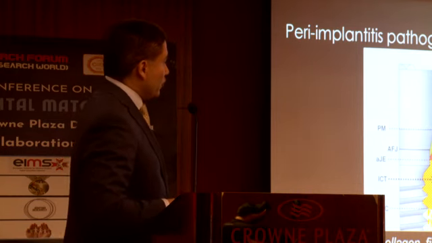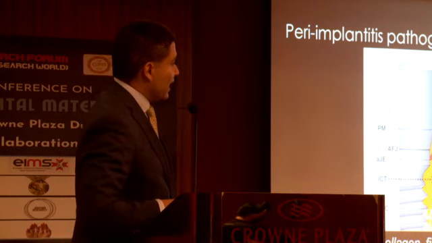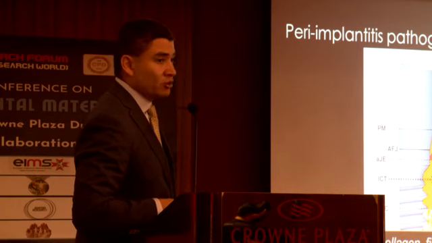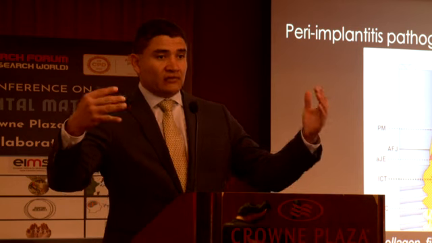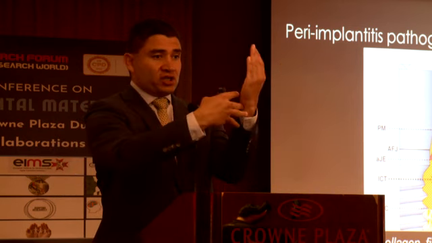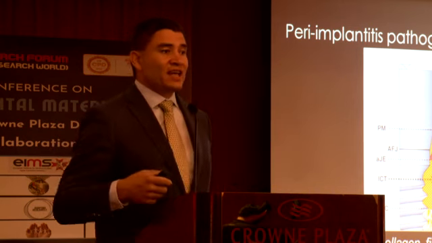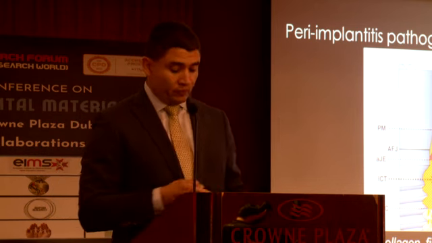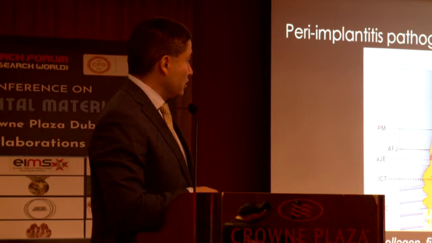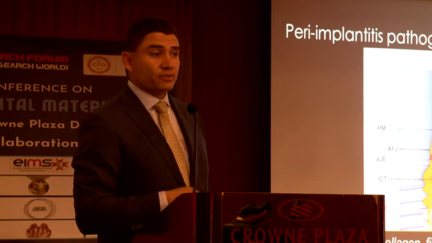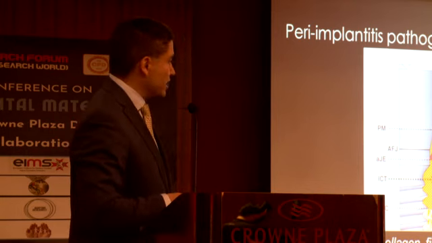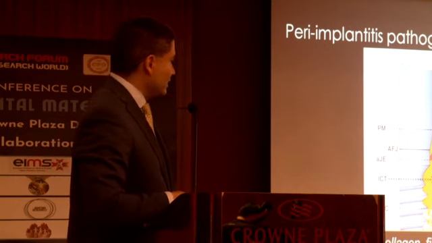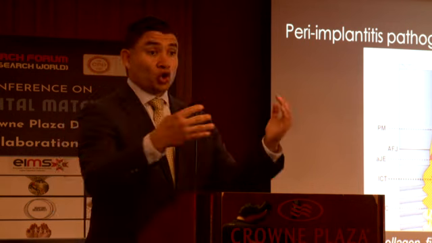Now, what you think about this, and this is being presented in the literature in several ways, is that around teeth, you have the connective tissue attachment to the cementum of the teeth. So if the connective tissue attachment attaches to the cementum, it presents a physical barrier or a physical protection to the bone from these biofilm infections. That means that, in a way, the bone is protected, right? What happens with implants is that this attachment to the cementum doesn't happen.